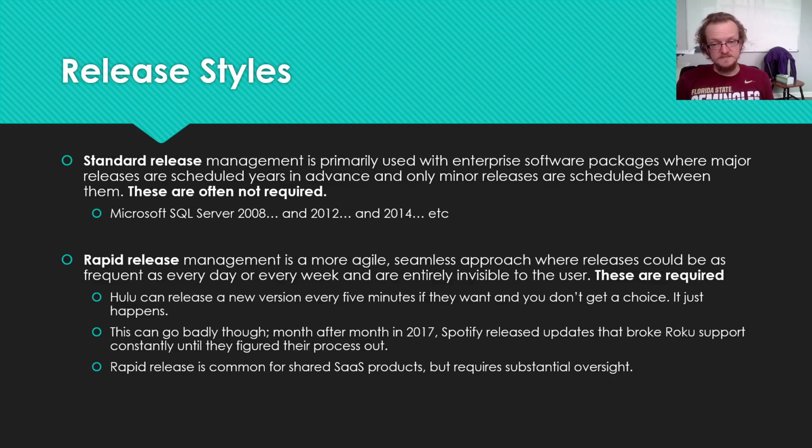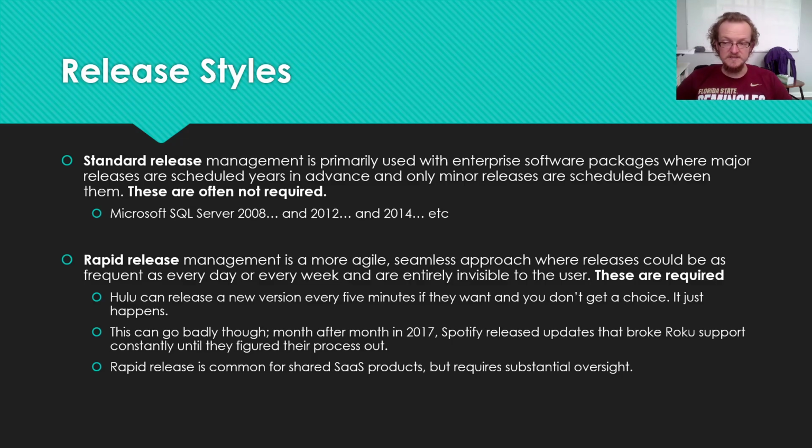So rapid release is again the opposite side of the continuum from standard release. What rapid release is trying to do is make the release management system as agile as all of the planning and implementation components of the lifecycle.